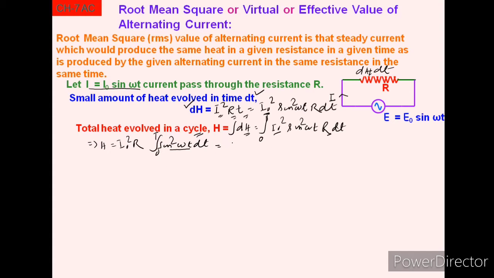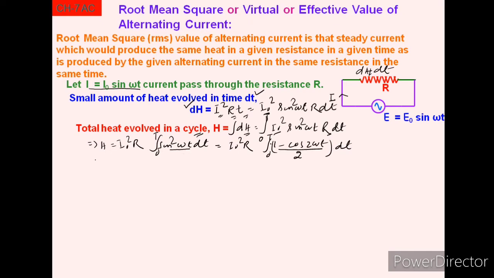So putting that, I naught square R, then sin square theta is equal to (1 minus cos 2 theta) divided by 2. So (1 minus cos 2 omega t) divided by 2 is in place of sin square omega t. Then we will integrate this from 0 to t.